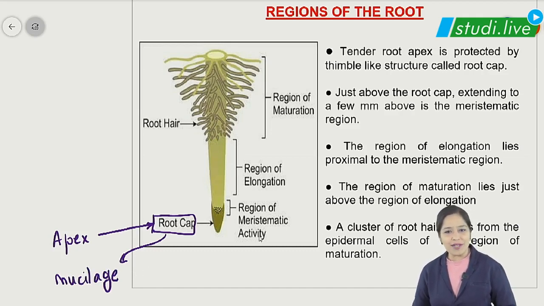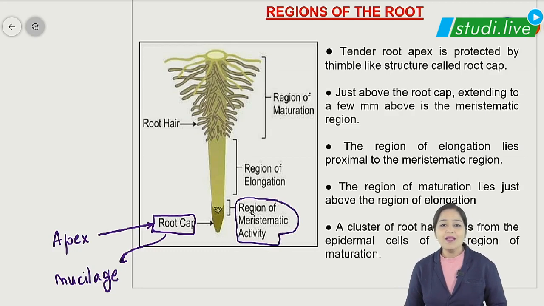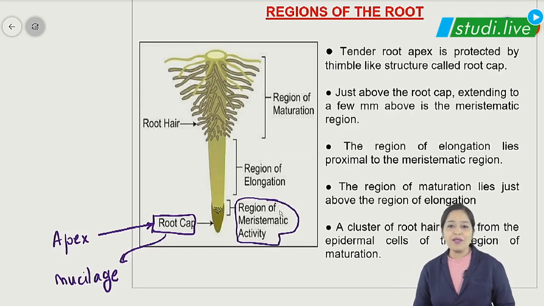After the root cap, we have the region of meristematic activity, known as the meristematic region. In this meristematic region, we have cells which are in a state of active cell division. These cells divide and form new cells.